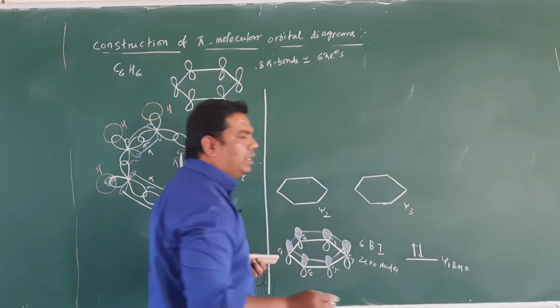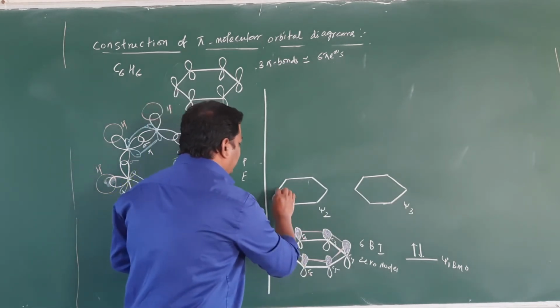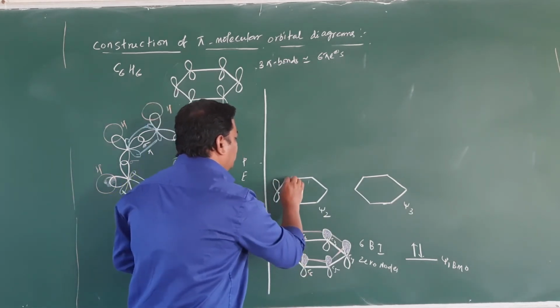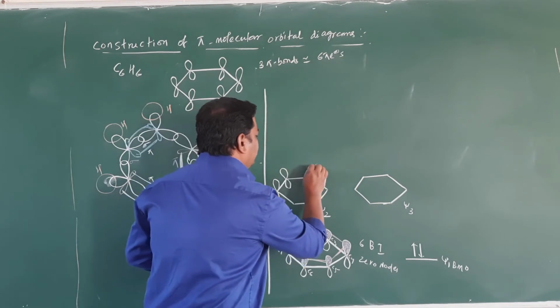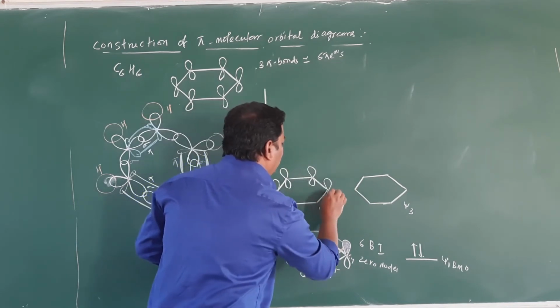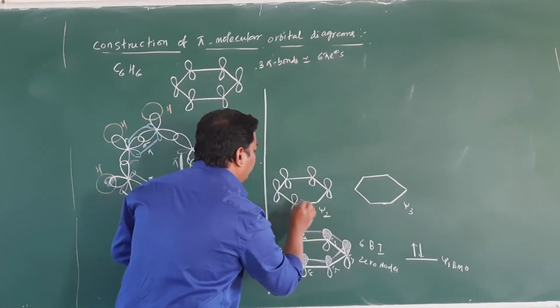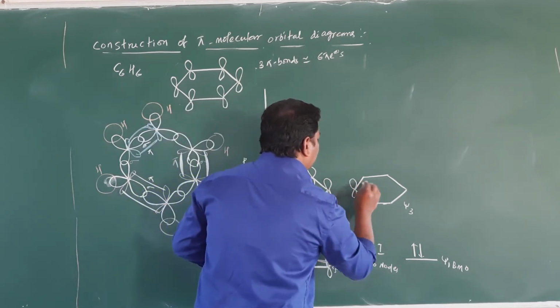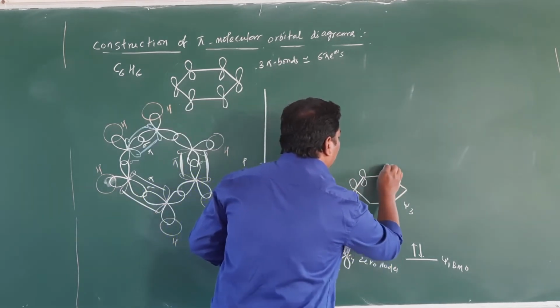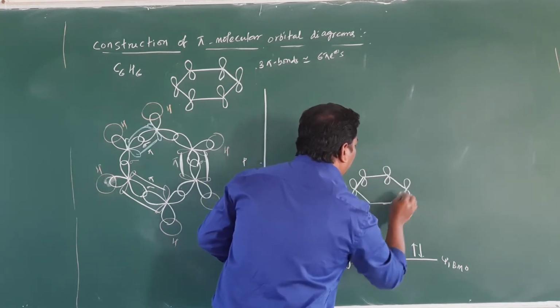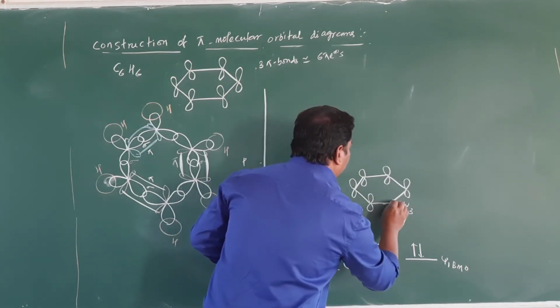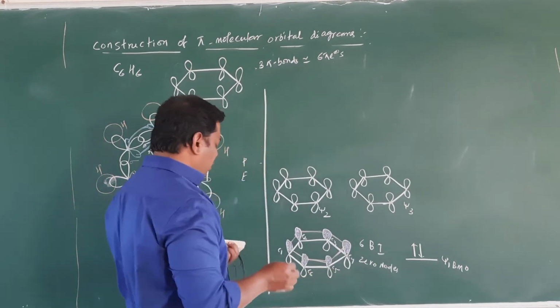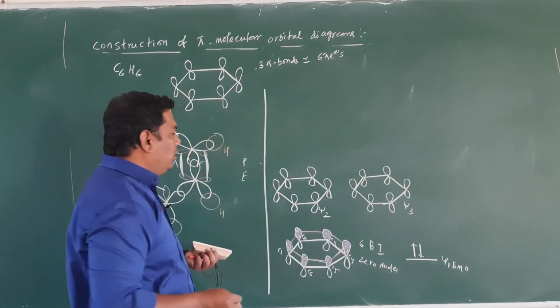Here also I will write the molecular orbital, 1, 2, 3, 4, 5, 6, student. Here also, 1, 2, 3, 4, 5, 6. Here I will write the number of nodes.